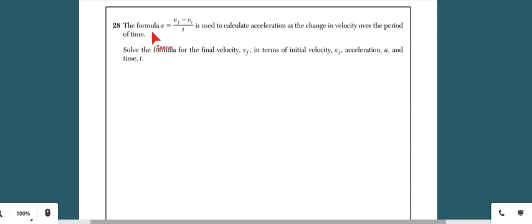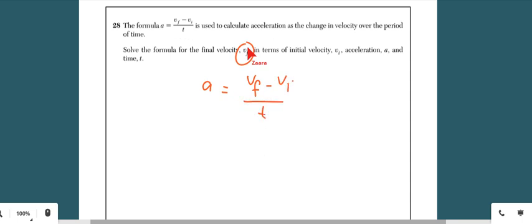The formula a equals Vf minus Vi over t is used to calculate the acceleration as the change in the velocity over the period of time. Okay, solve the formula for the final velocity Vf. You have to solve it for Vf in terms of the initial, so you have to make Vf your subject. So what I am doing: a equals Vf minus Vi by t.